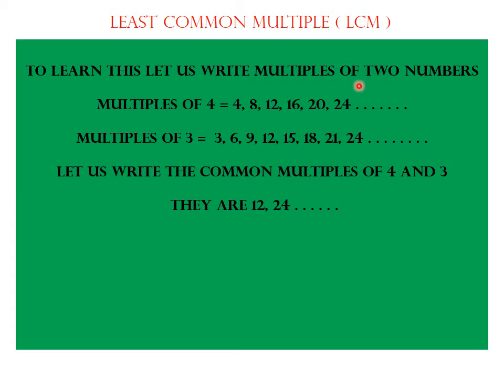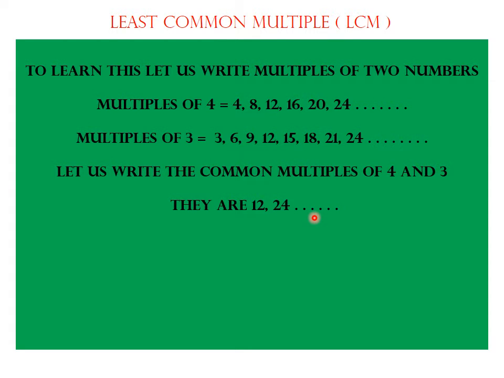If we go on like this, we can get an infinite number of common multiples. But the multiples increase. They do not decrease as the natural numbers increase. Therefore, we get more multiples greater than 24.